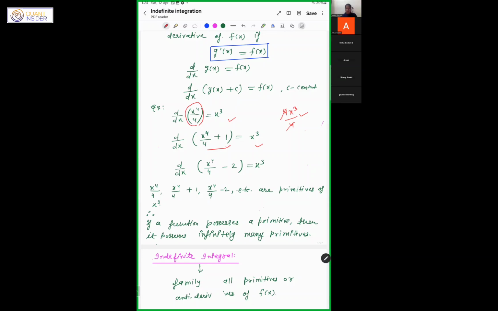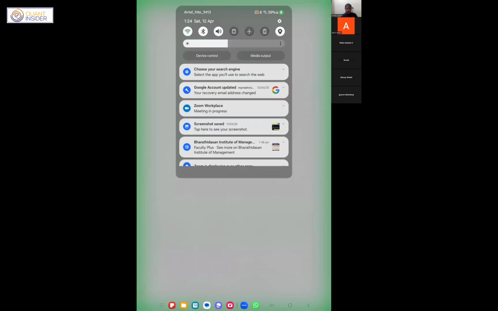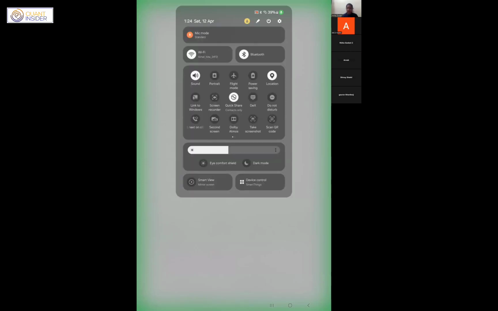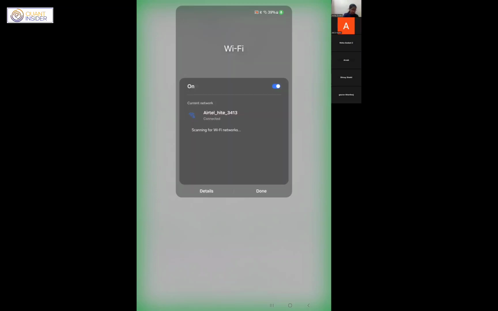voice is breaking. Yes, yes. Okay. I don't know why it's so. Network is fine. Let me change my network on this tab. Uh, I'm connecting through hotspot.